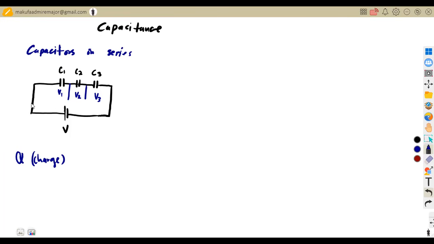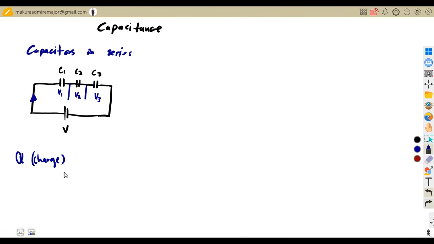So in a series circuit, you are going to see that the charge is going to be the same throughout, just like current. Like I said, capacitors work with charge. You know that if you are dealing with current in series, current is the same. But here we are talking about charge in each.